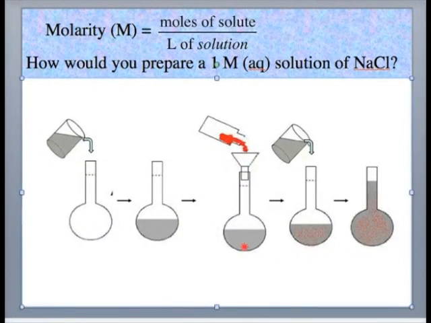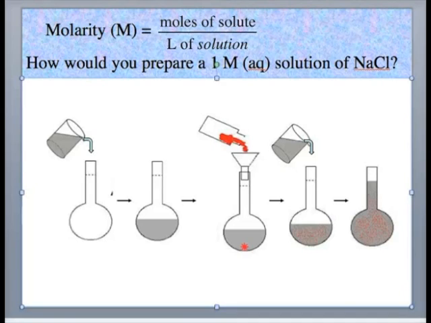So now we're going to consider a new concept called molarity, which deals with the concentration of a solute in a solution. There are three terms here when we make a solution. There's the solute, the solvent, and then the solution. When we take a substance and dissolve it in a solvent, the substance we dissolve is called the solute, and it's the substance in the minority.